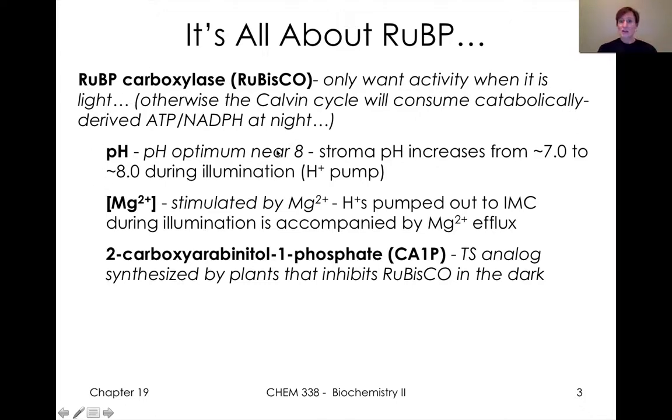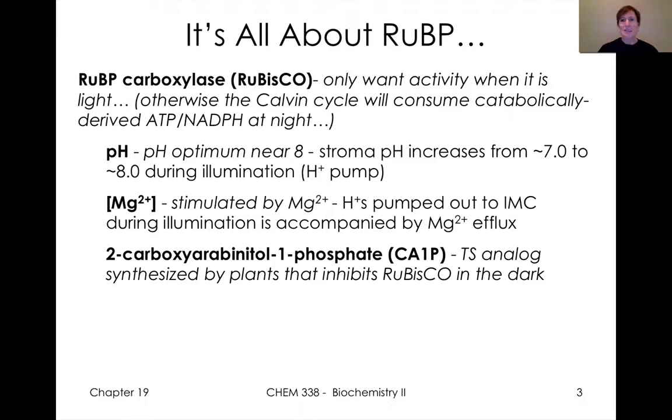When there's a lot of electron transport going on, that means there's a lot of light out, and the pH of the stroma is going to increase from about 7 to at least 8. Remember, we talked about how large the delta pH is in chloroplasts. As the pH rises, that's going to activate Rubisco, coupling the light and the dark reactions.